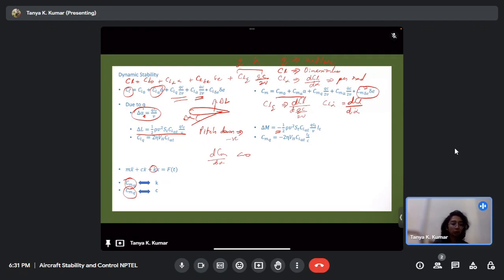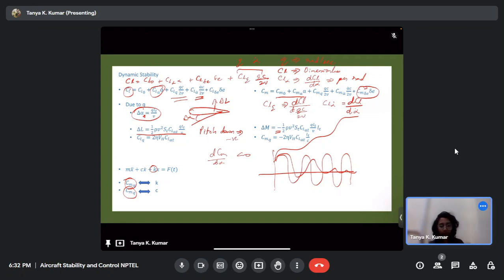That is what your CMQ tells you, which is what your damping coefficient also tells you. That is, over time, once it's disturbed, will it keep oscillating above the equilibrium point? Will it deviate further away from the equilibrium point, or will it oscillate and come back to the equilibrium point? Okay, so this is what both your damping coefficient and your CMQ tell you.